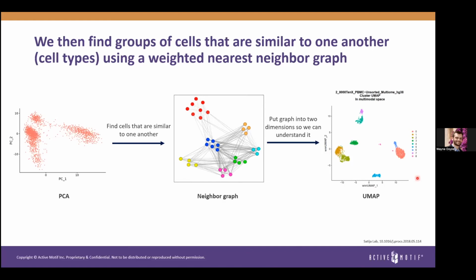This is an approximation, so it's not ground truth. The truth is up in those high dimensions, but it at least allows us to get a first pass visualization of the data. There are very valid criticisms of the UMAP embedding. You can't really interpret what distance means or what the shape of the clusters means, but, as we'll see in a little bit, you can visualize what your chromatin accessibility is or what your gene expression is and see how that relates to groups of cells.